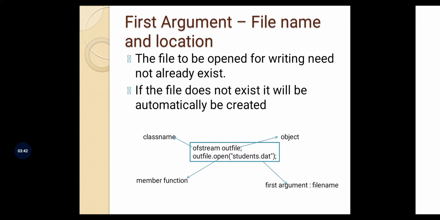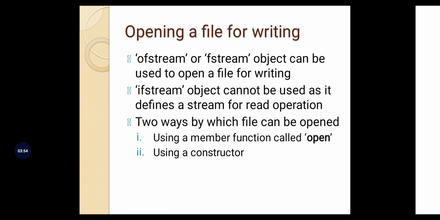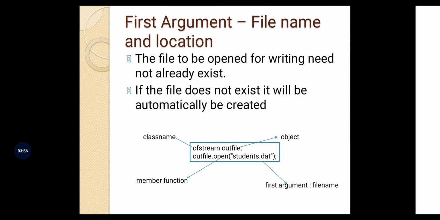So when you create an ofstream object, here it is outfile, and you're using the open member function of that class, so you're doing outfile.open, and the argument that you're passing here is the file name, right? Along with the file name, the open function can also take a second argument, which is the mode in which you want to open the file.